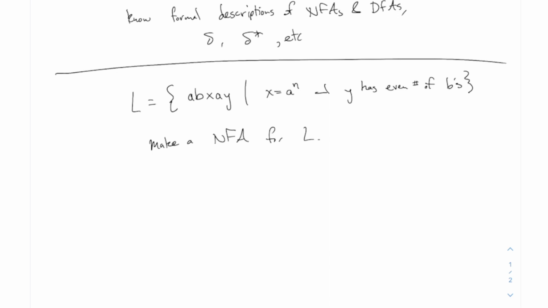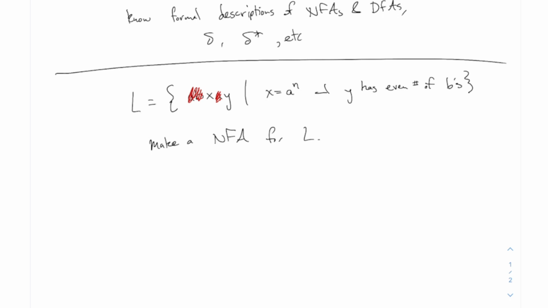And I'm going to think of this as a concatenation because it has, actually, I think I've overcomplicated matters. Let's just scribble out this and this to make it even easier. Maybe we'll talk in a moment about how you could reinsert those if we wanted to, but let's start with this. Just A to the N followed by something which has an even number of B's.